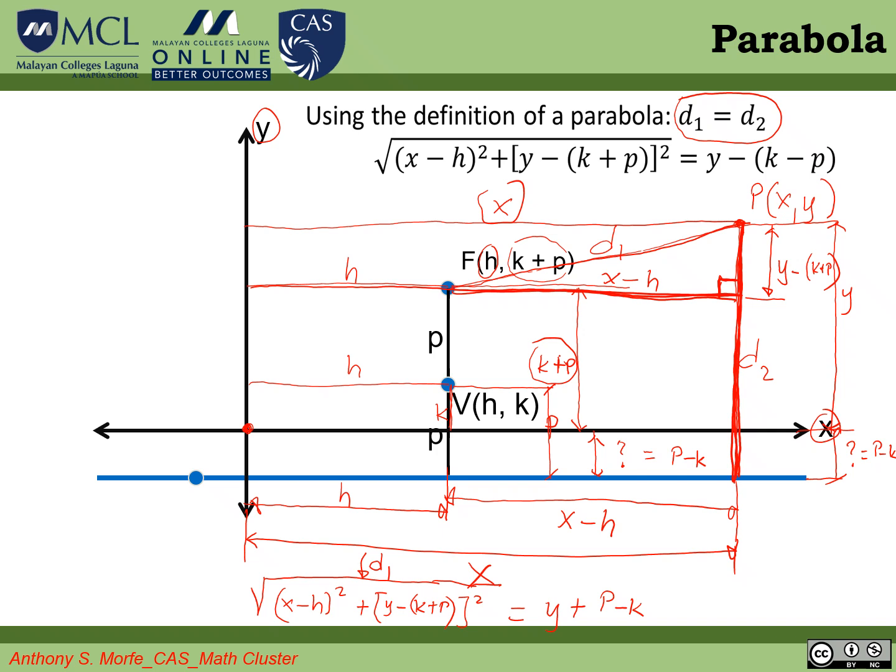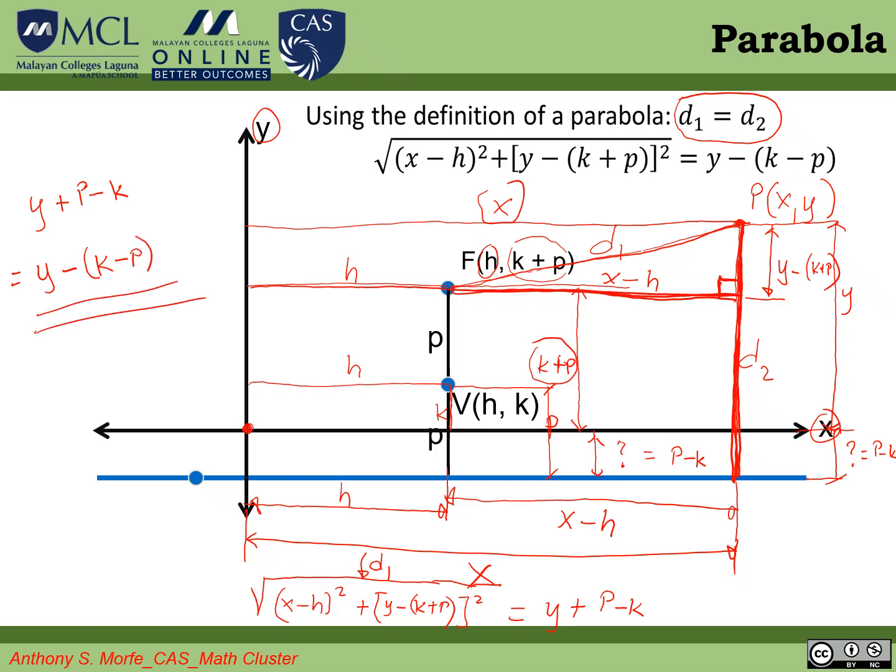And we can rewrite this in a similar way as the one on the left side. So the expression y plus p minus k can also be written as y minus k, then minus k minus p. Okay, they're just the same.